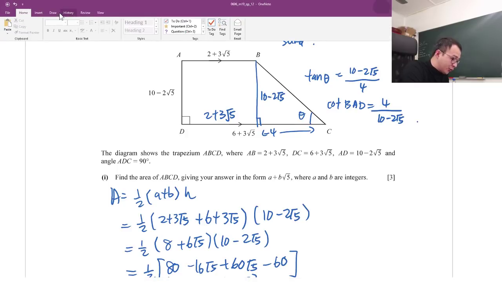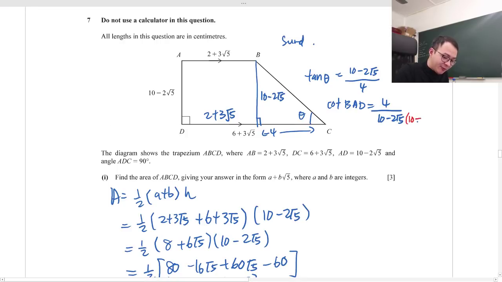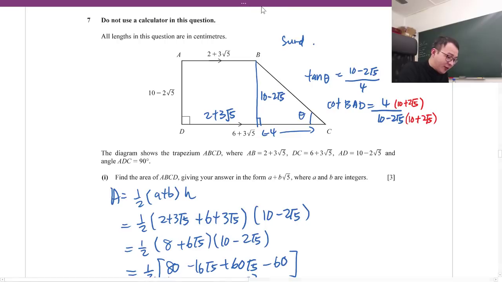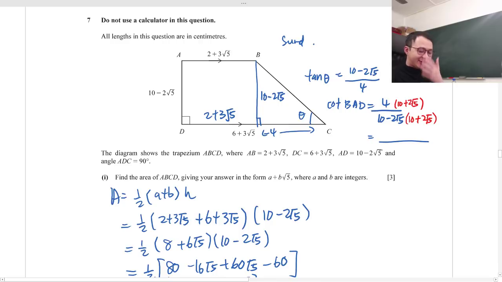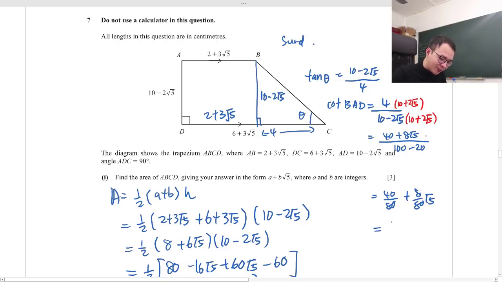Basically I multiply A plus B by A minus B. After I do that, I get 10 times 10 is 100, minus 4 times 5 is 20, so 80. The top is 40 plus 8 sub 5. So it's over 80, and I simplify: 40 over 80 plus 8 over 80 sub 5. So it's just 1 over 2 plus 1 over 10 sub 5.